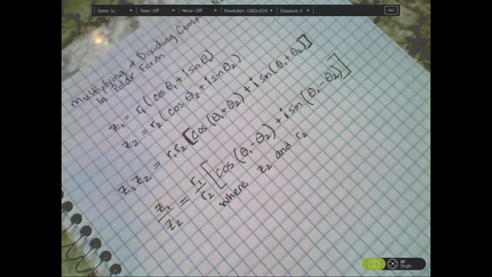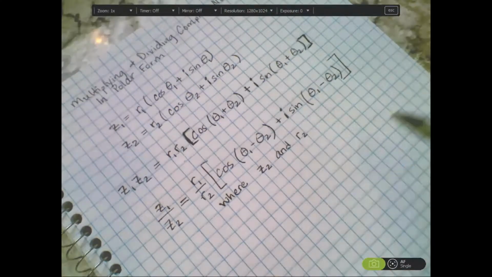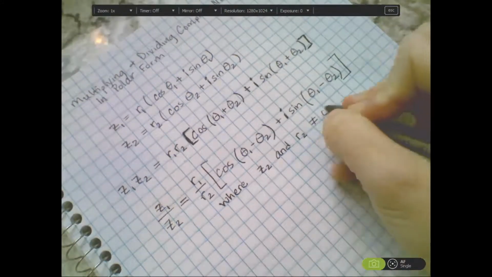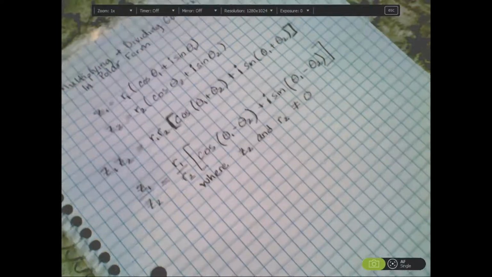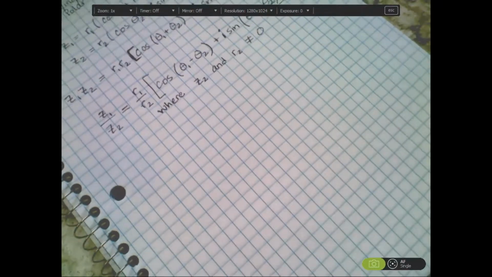Same thing with R2. R2 is in the denominator of this fraction. So you can probably predict that neither one of these can be 0. If that happens, then everything blows up in our face and we can't really do anything because we get things that are undefined.